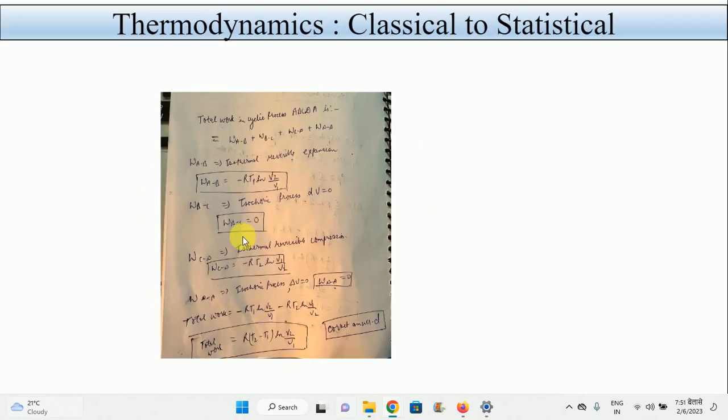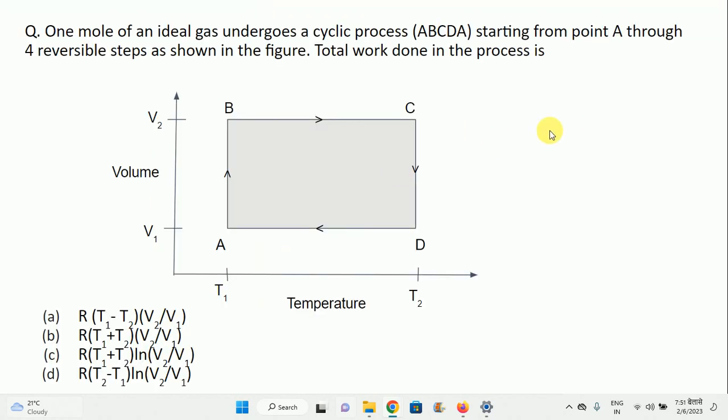By putting these values and adding all the parameters, for A to B it is at temperature T1, so minus nRT1 ln V2 by V1. For C to D it is at temperature T2, so minus nRT2 ln V1 by V2, as the final volume is V1.